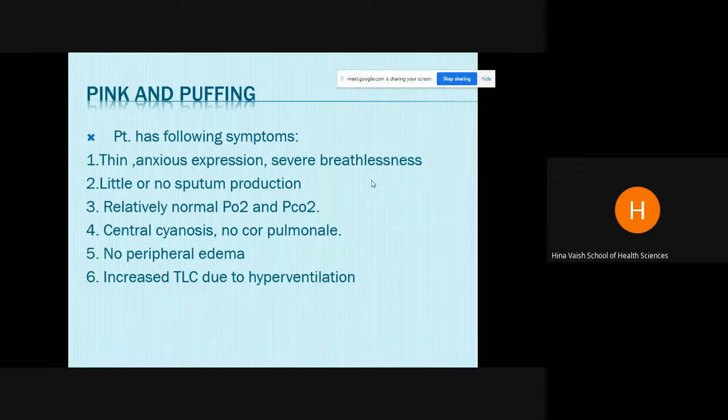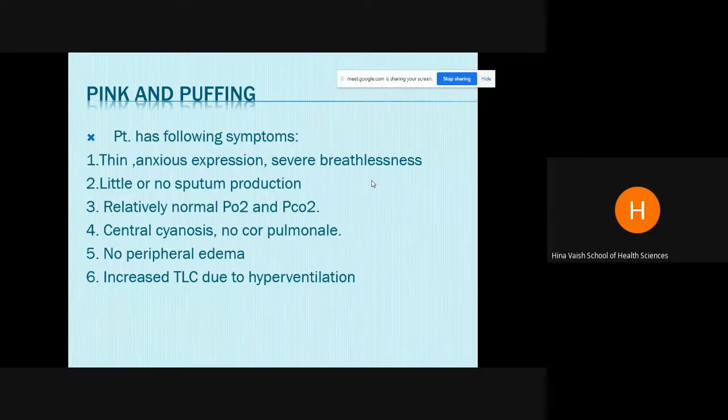The other patients who are defined as the pink puffers basically have these symptoms: if you look at the body, they are thin with anxious expressions, they have a lot of breathlessness, sputum not necessarily, and they have relatively normal PaO2 and PaCO2. Central cyanosis may be present, not necessarily.